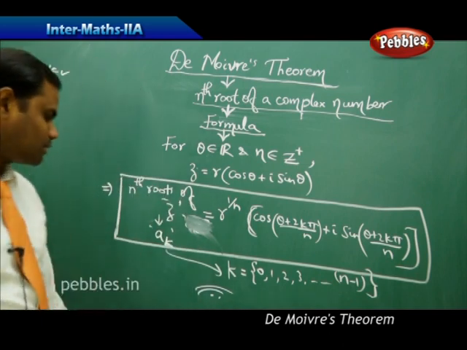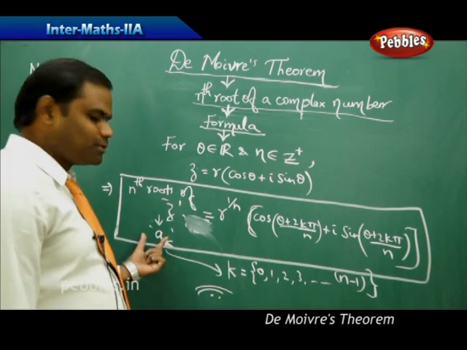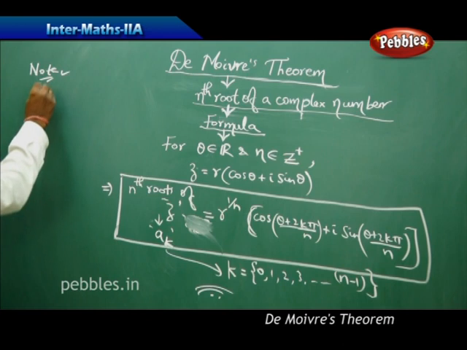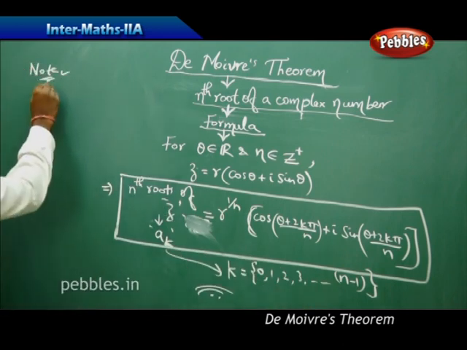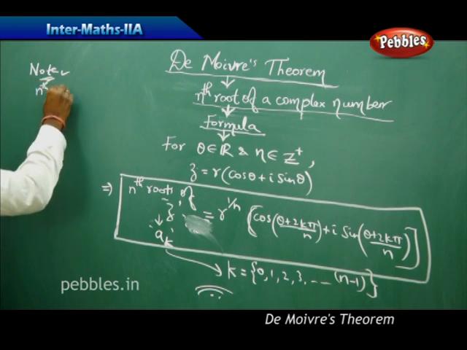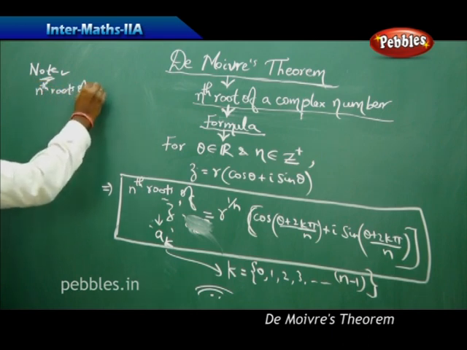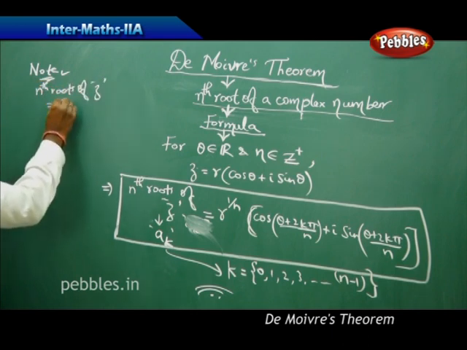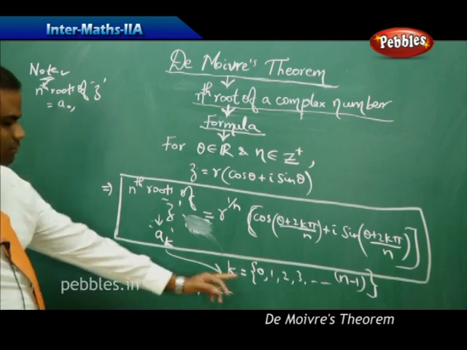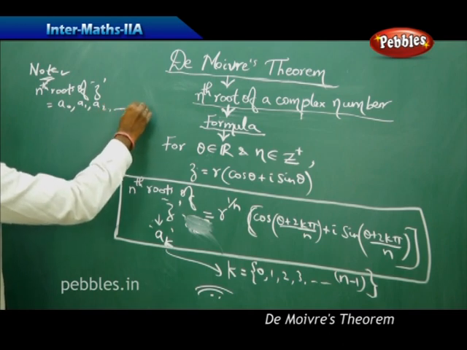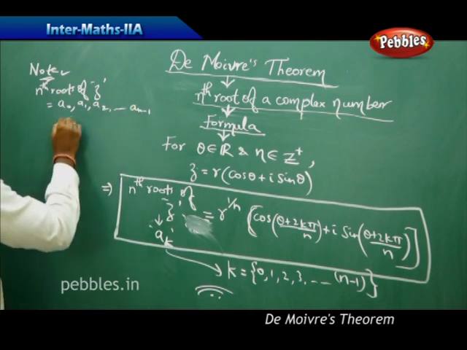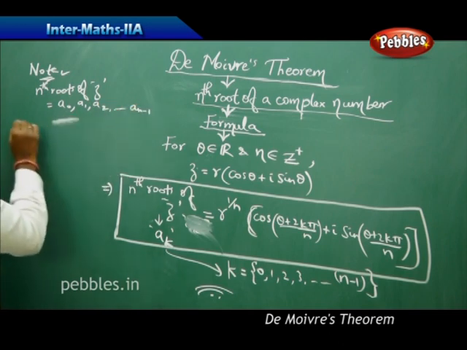And also note that for each k, that is, for k equal to 0, 1, 2, 3 till n minus 1, I have nth roots of z, which are a0 for k equal to 0, then a1, a2 till a_(n minus 1), are all distinct.